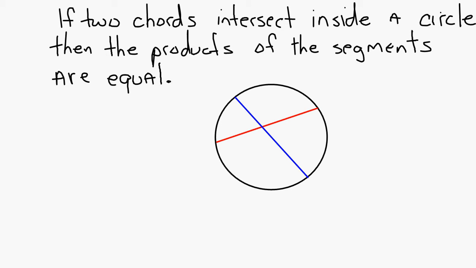So if this point is A, E, B, and then CD, what the theorem says is that CE times ED is going to be equal to AE times EB.